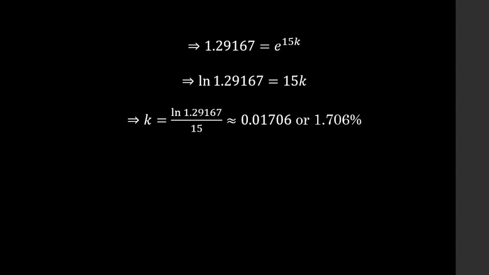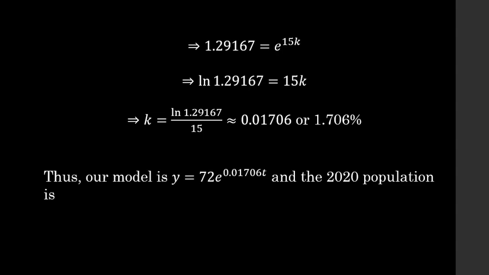We then had to estimate what the population would be in 2020 minus the COVID. So we take that k value that we found, we substitute it back into our model, and now we get the full thing. 2020 is obviously 20 years after the year 2000.